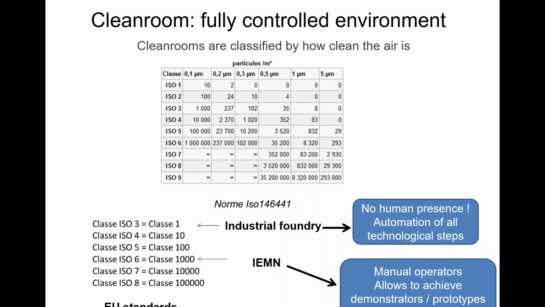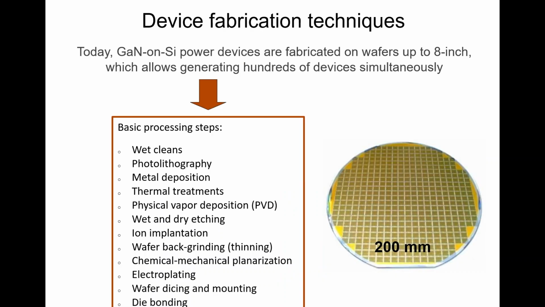But that still allows achieving demonstrated prototypes and helps especially companies to guide and give some direction about what to use in their foundry. And it's much cheaper than using this very expensive thing. So I think it's a good trade-off, people can work together and get things done faster.